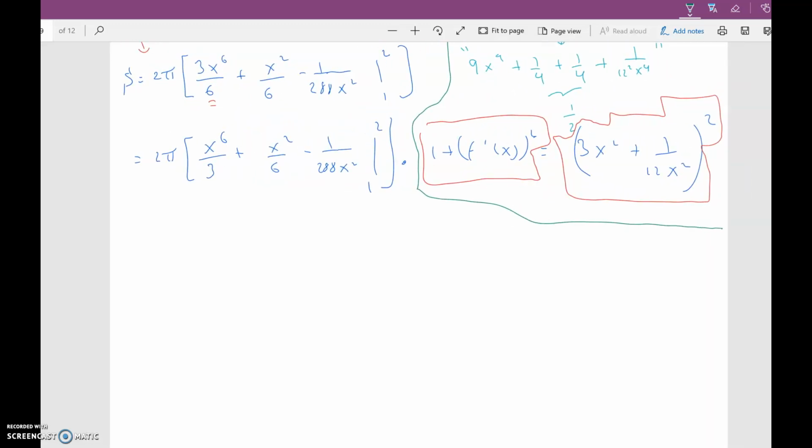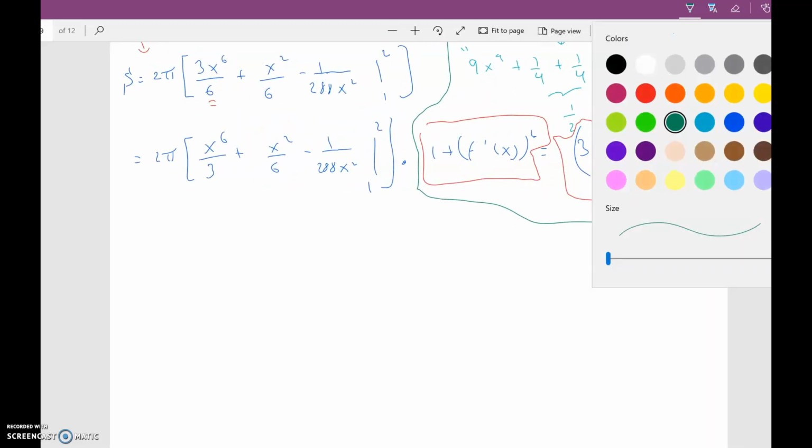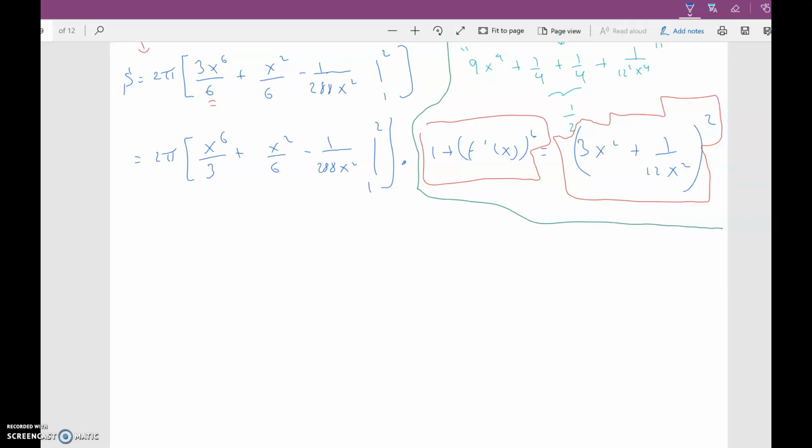Let's take a look. So the numbers are going to get really large, and let me plug in the 2 first. So this is equivalent to 2 pi times 2 to the 6 divided by 3 plus 2 squared divided by 6 minus 1 over 288 times 2 squared.